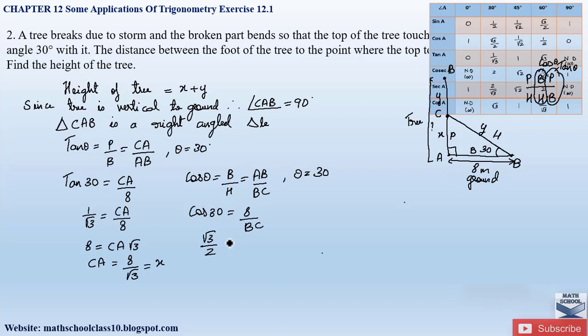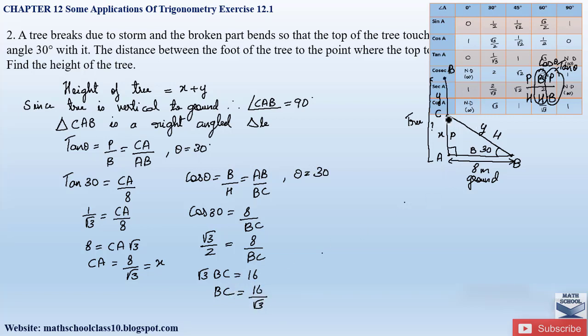So root 3 by 2 is equal to 8 by BC. This trigonometric table, the trick I have given you in my introduction video from chapter 11. You should remember this whole table before solving any trigonometric questions, right? So here cross multiplying, we get root 3 into BC is equal to 8 into 2, which is 16, or BC is equal to 16 by root 3.